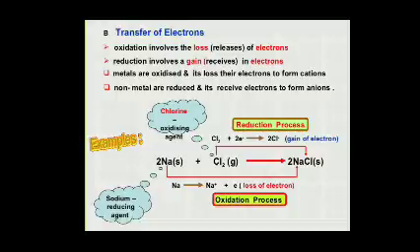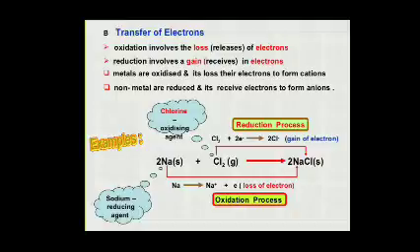Oxidation takes place at the sodium atom and reduction takes place at the chlorine atom. Electrons transfer from sodium to chlorine to form stable Na+ and Cl- ions, which react together to form a stable molecule of sodium chloride in solid state.